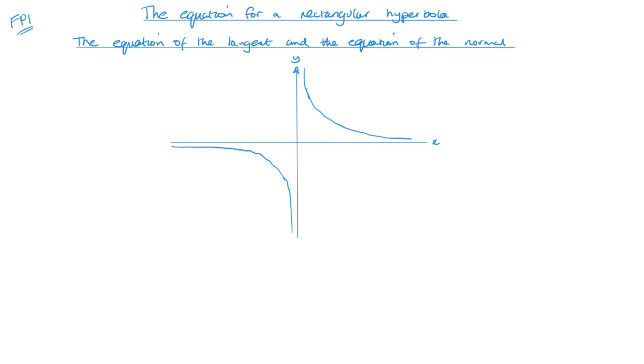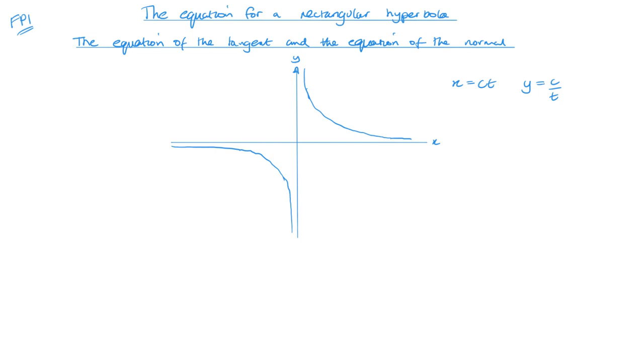Now, as a parametric set of equations, this is x equals ct and y equals c over t, where c is just a positive constant.